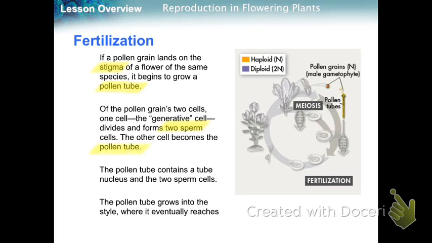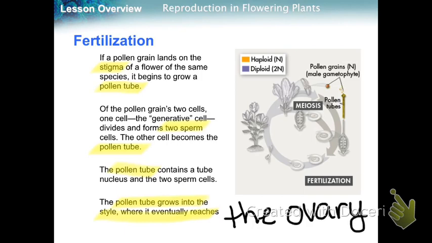The other cell becomes the pollen tube. This pollen tube literally extends down into the ovary of the pistil. So like it says here, the pollen tube grows into the style where it eventually reaches the ovary.